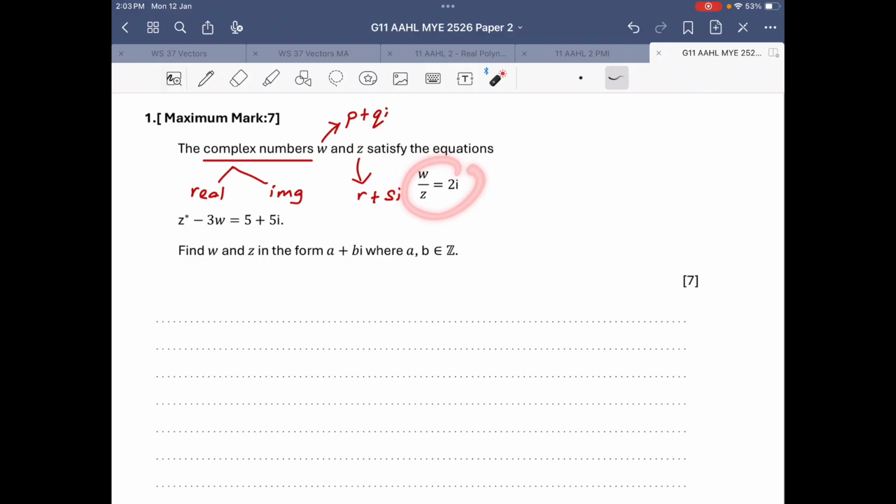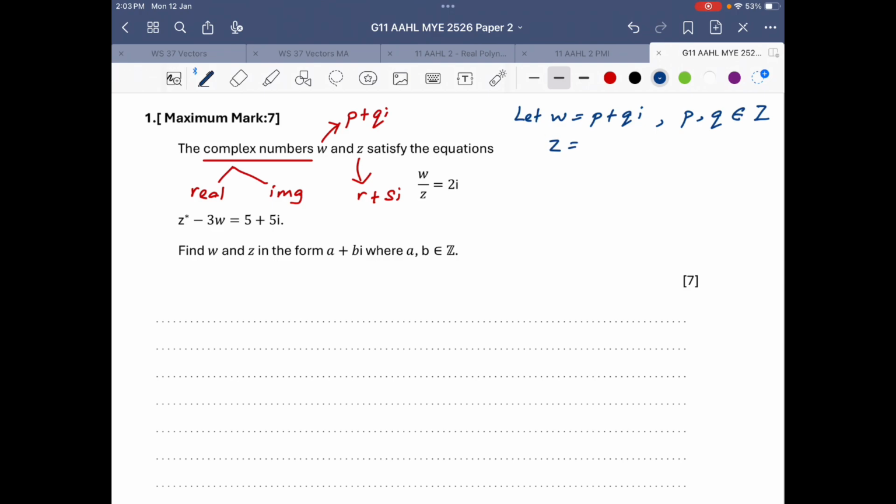Let's start with the equation given. First we let W equal P plus Qi, where P and Q must be integers, they can be negative integers, and then Z equals R plus Si, where R and S belong to integers.